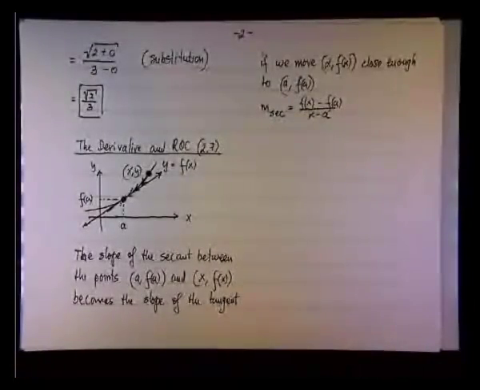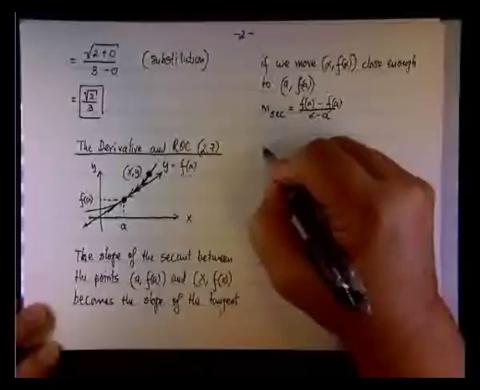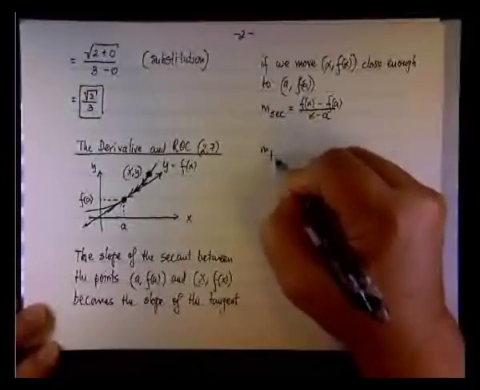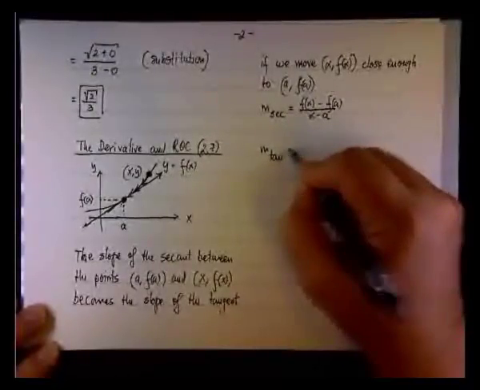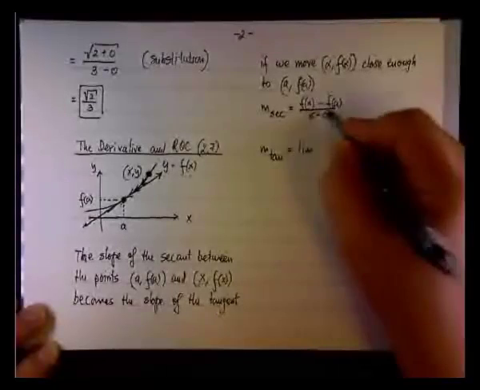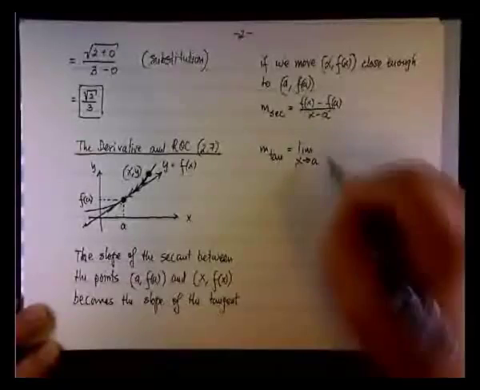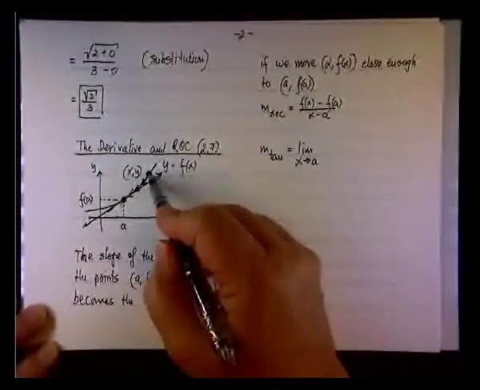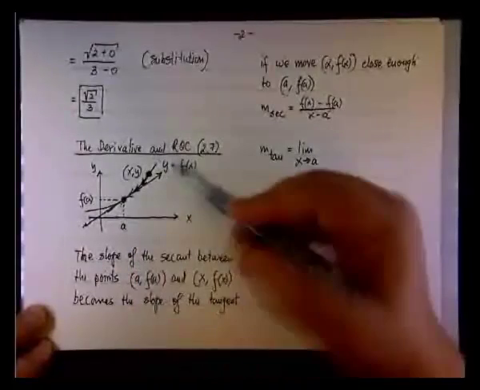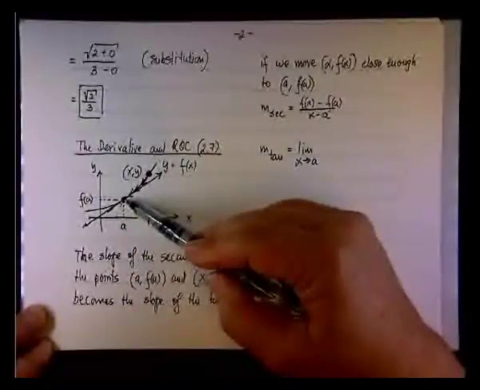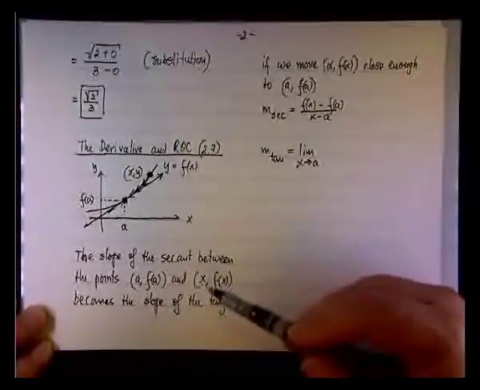On the other hand, the slope of the tangent, if we use the limit idea, will be the limit of this thing as x approaches a. Okay, that's what we said. We're going to move that point, (x, f of x), closer and closer to the fixed point (a, f of a), right?